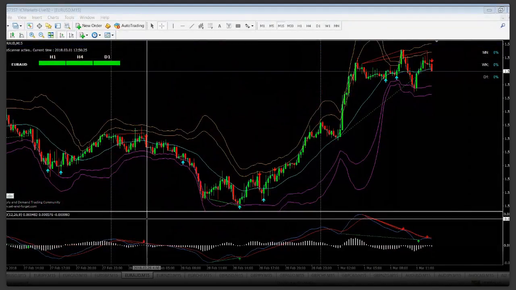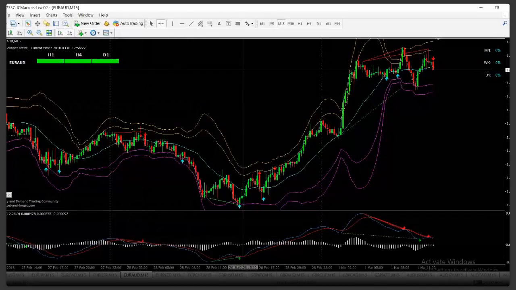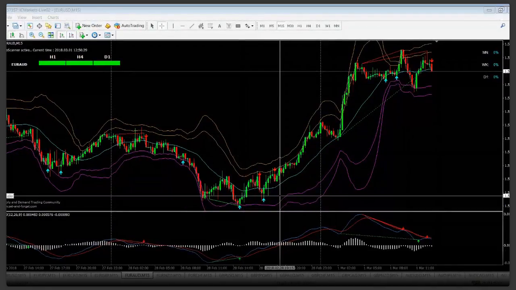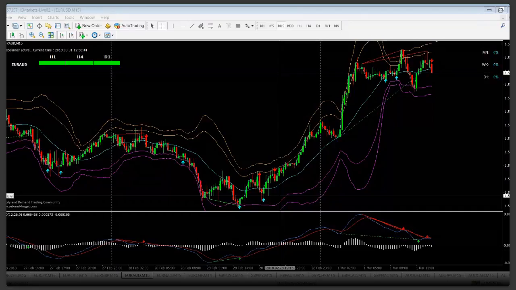So I'll get that trade ready. A sell trade against Euro Aussie. It'll be a longer term play, so we'll just check on that in the days to come. That's a 2-to-1 risk reward there.